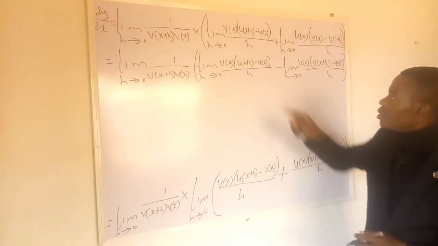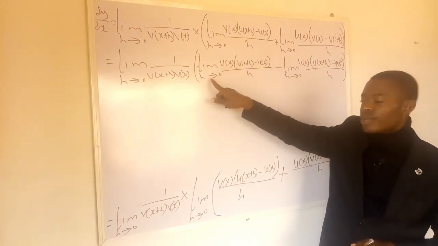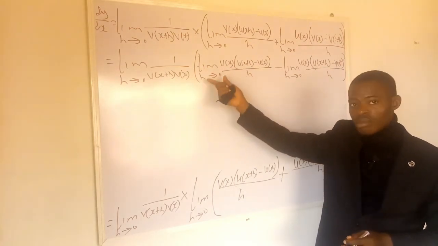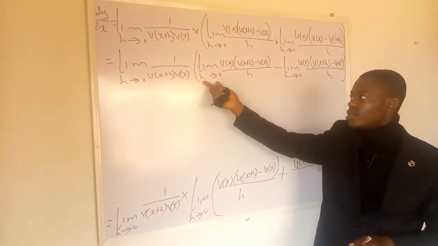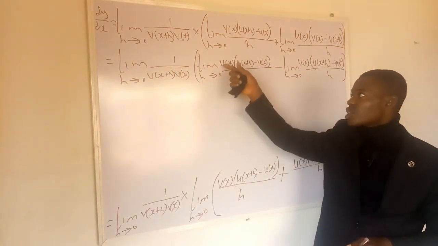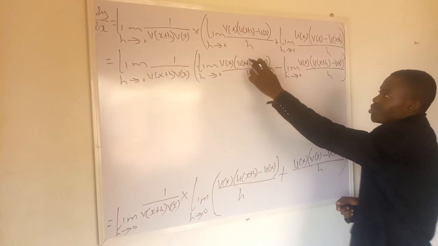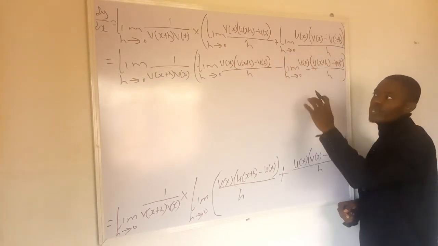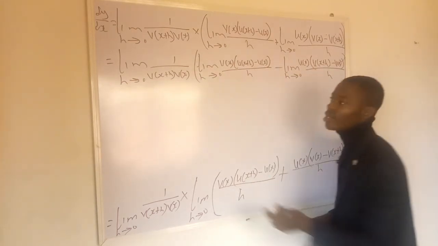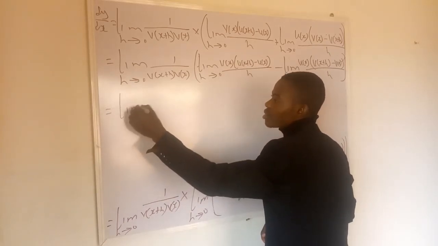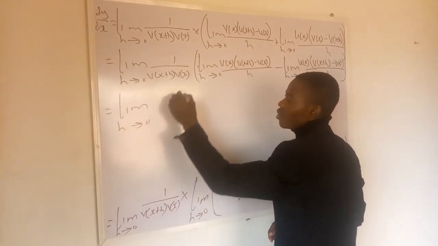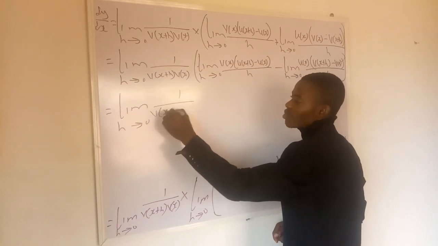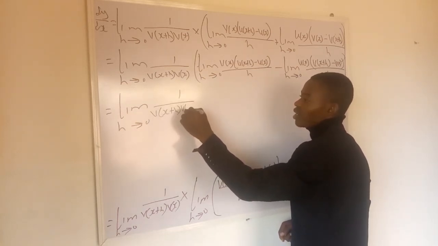Perfect. Now, this is a constant. It doesn't really have any business with the limits. As you can see, the h approaching 0 is not with respect to x right here, but with respect to h. Same thing applies to u of x. We can take them out of the limit, and then we have the limit as h approaches 0 of 1 divided by v of x plus h multiplied by v of x.